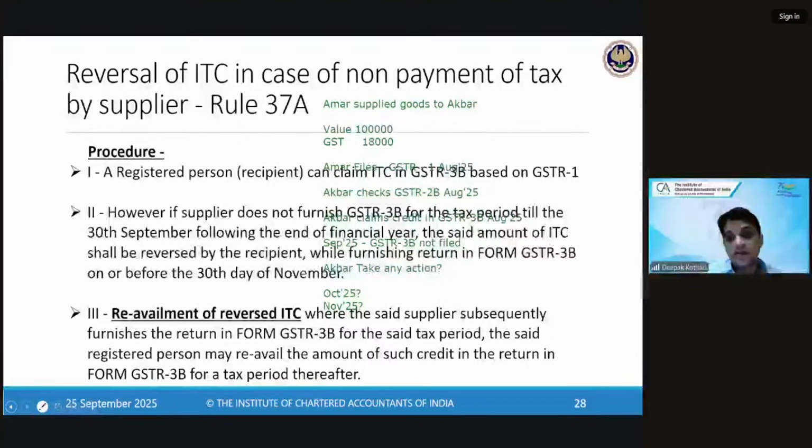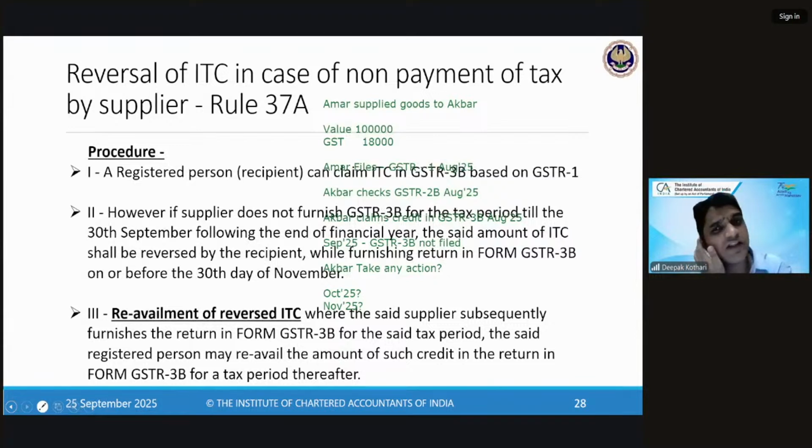Navneet is saying reverse in October. Harsh Kumar is saying reverse it in November. Syed is saying nothing to be done, wait for the next year. And give him as much time as you like.